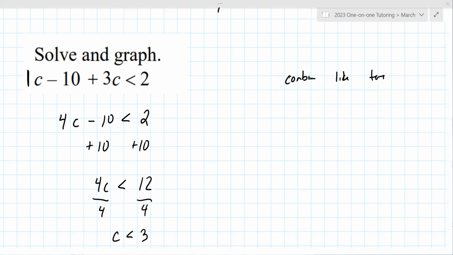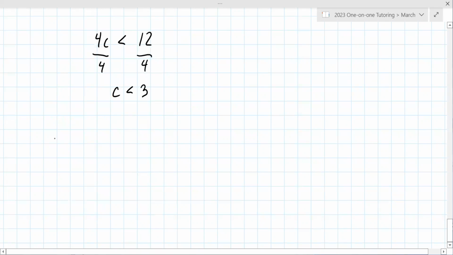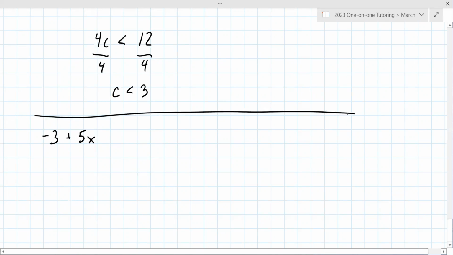So I'm just looking for another problem here that would be good for us to do. They can either be on the same side or opposite sides. Let's now do one where they're on opposite sides. So let's say it's minus 3 plus 5x greater than or equal to 4x minus 10.